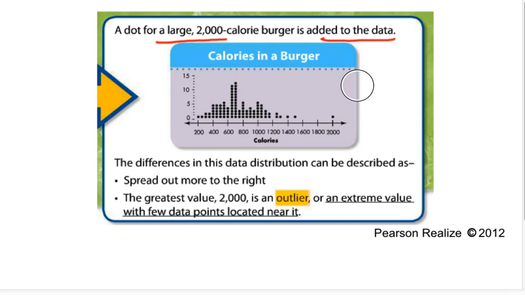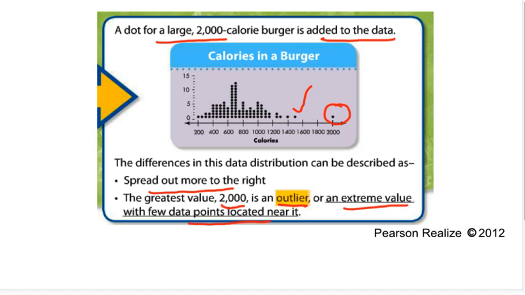So that one burger is something that throws a kink in our data. You can see that the data is spread out more to the right, and that the greatest value is now 2,000, and that 2,000 would be considered an outlier, or an extreme value with few data points near it. So this would be considered an outlier.